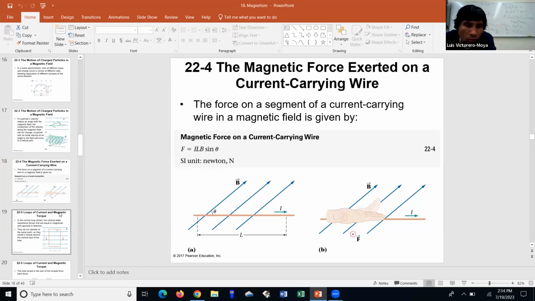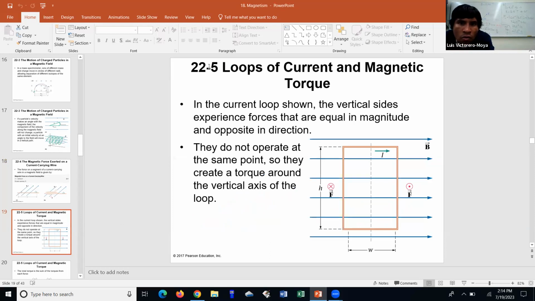All right. It's the whole idea of the torque due to a uniform magnetic field on a current loop. So let's suppose you're given that situation. You have a rectangular current loop. The field is going from left to right. And as you know, the current is going clockwise, right? Like this.